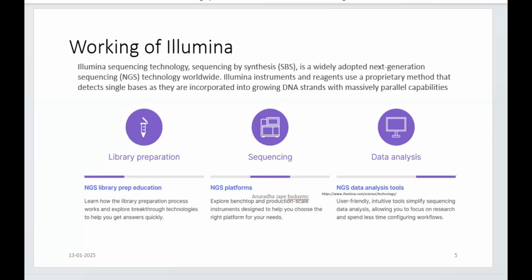You add a single base at a time. In Sanger's method, there is dideoxynucleotide incorporation, the random incorporation of ddNTPs. Whenever a ddNTP is incorporated, the chain terminates and you get a fragment, which you are going to analyze. In place of ddNTPs, here you have dNTPs which are labeled with a fluorescent tag.